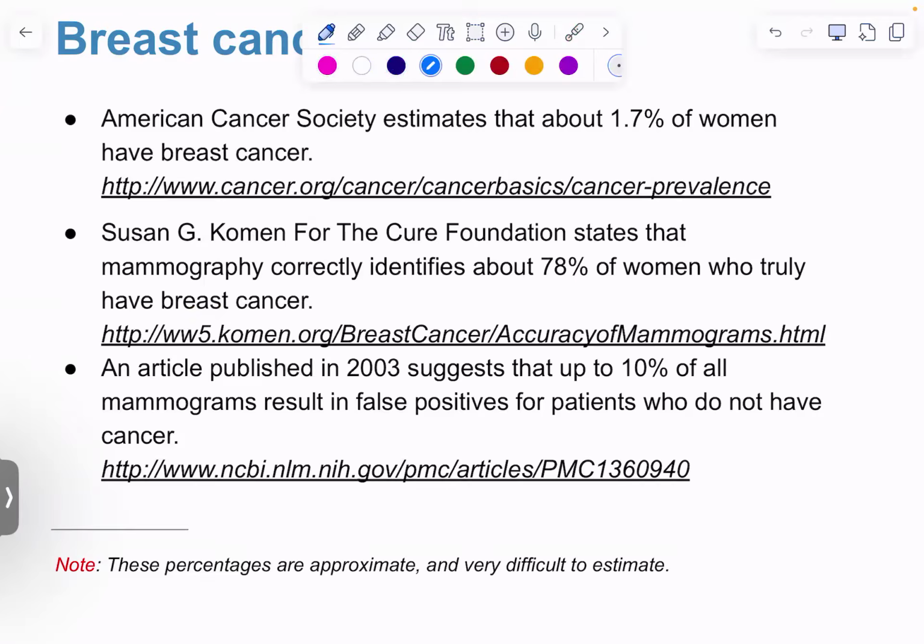And so here we're given they have cancer. We'll just say cancer broadly, breast cancer, of course. So if it depends on if they have cancer or they don't, then that means our first set of branches must be, well, do they have cancer or no, right?